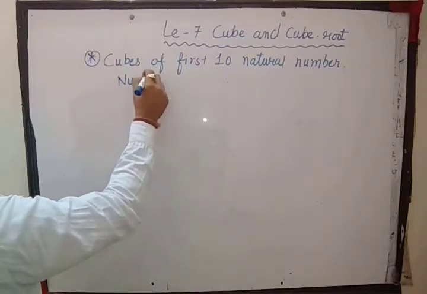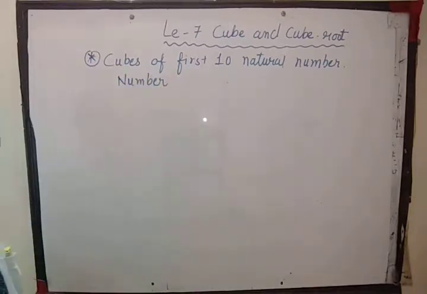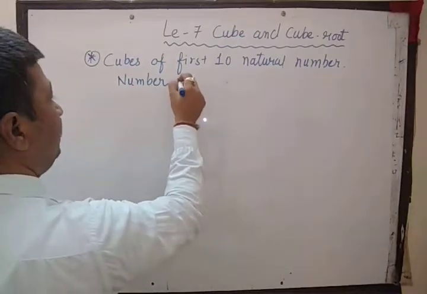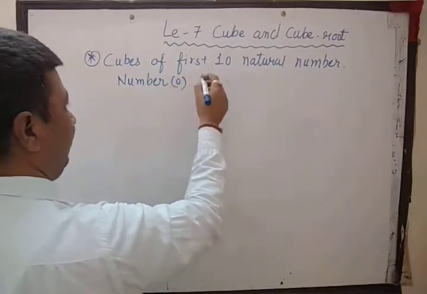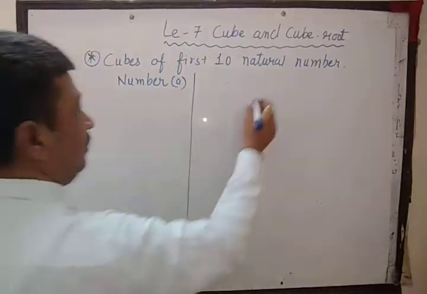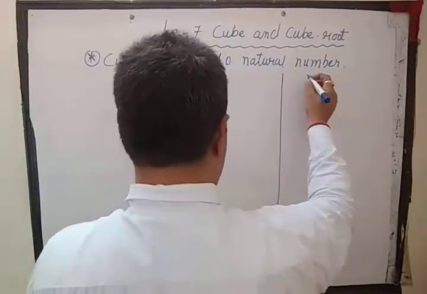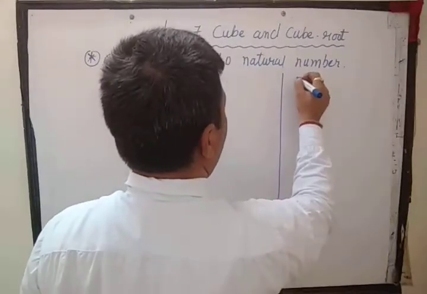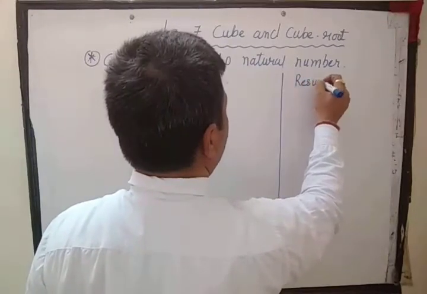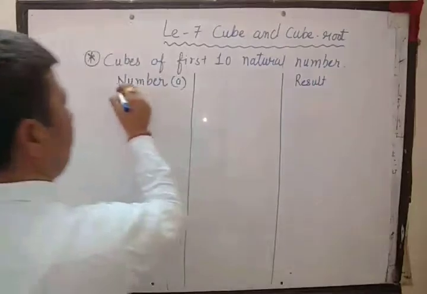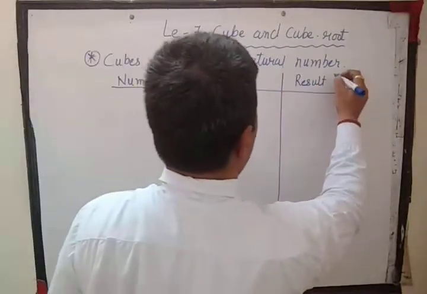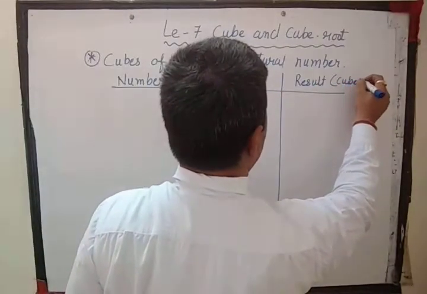Number, suppose we take it as a or x, then the cube, the result or the product we obtained. These will become the cubes.